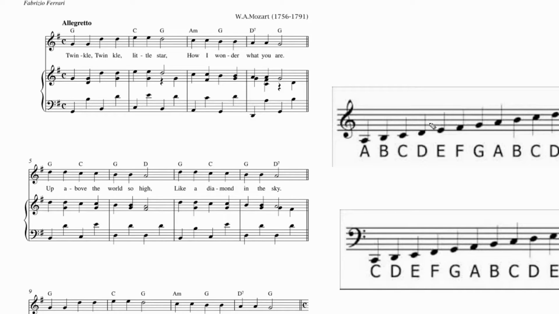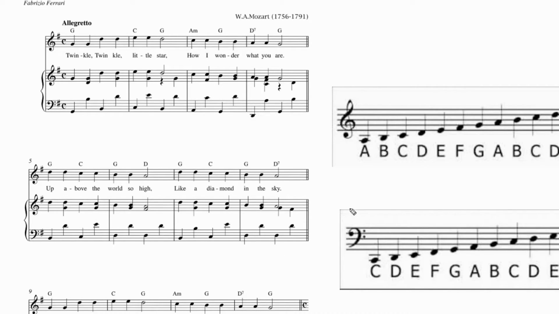As you can see, this note would be an E, and they go up all the way from A to G, and it repeats over and over again. Every time it goes up in a space, the pitch also goes up by a note. So A, B, C, D, E, F, G, and so on and so forth.